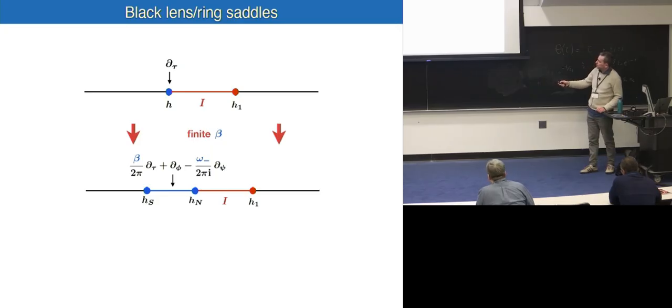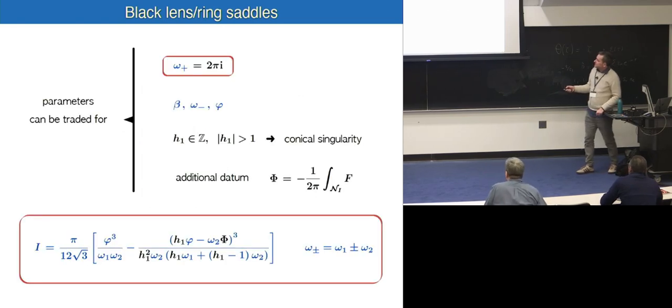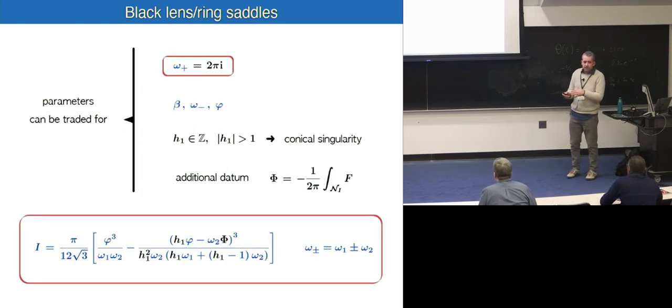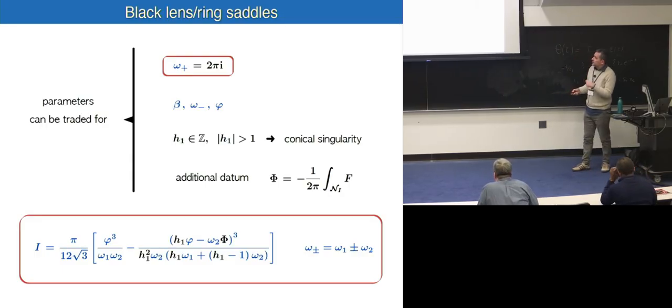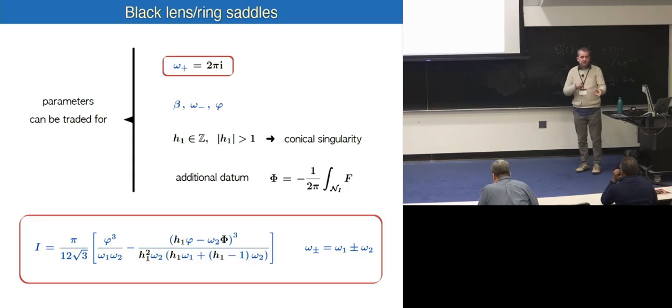By bubble topology, I mean the topology of the fixed locus in this rod outside the horizon. So I'm not going to present the full solution, but again, it can be constructed based on the systematic construction that I just presented.